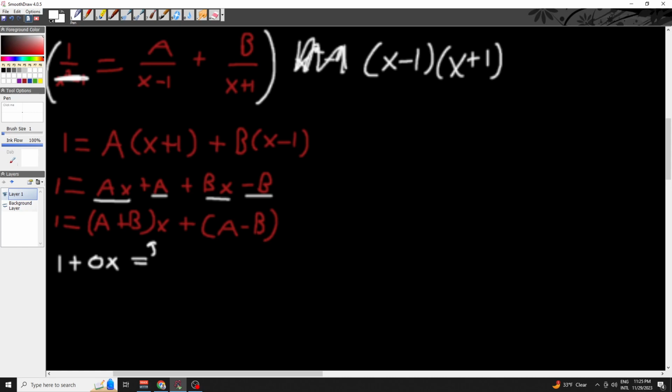So since we know x applied to both these terms is going to equal 0 no matter what, we can just safely cross this out since the 0x is equal to 0. And now we're going to be left with 1 is equal to a minus b.